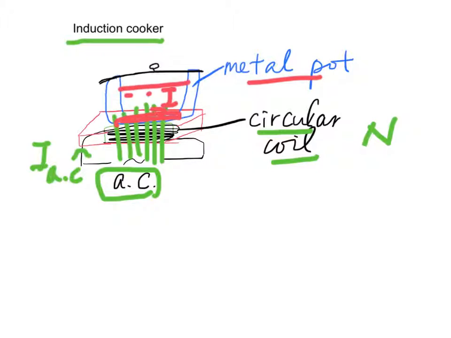If we put water and food inside the pot, the food and the water will be heated up to a high temperature. As a result, the induction cooker helps to cook food by means of indirect heating. That is, no fire is lit.